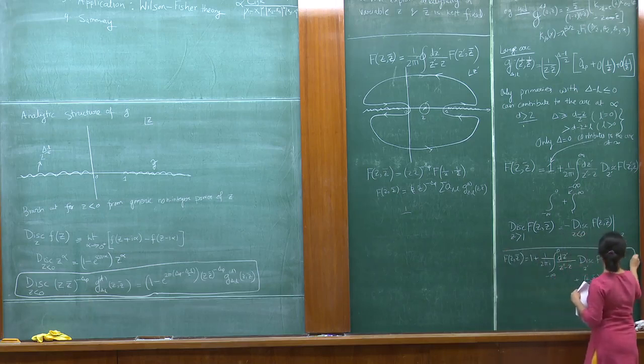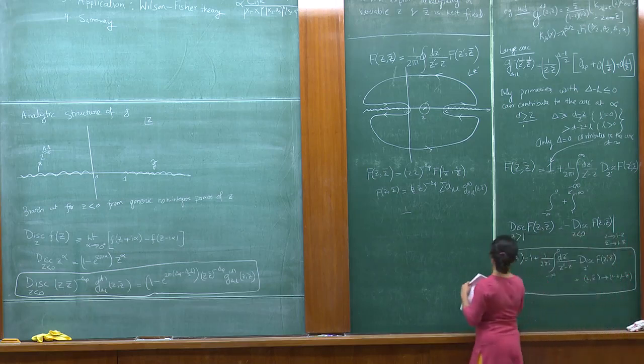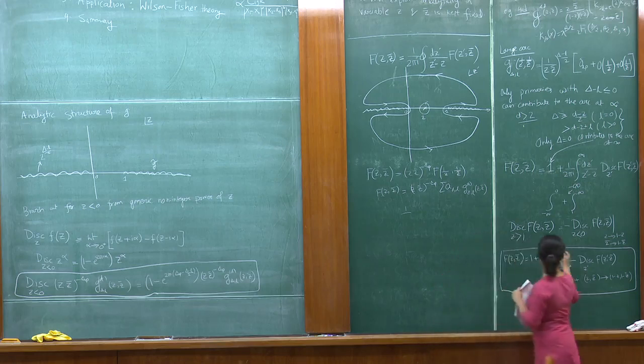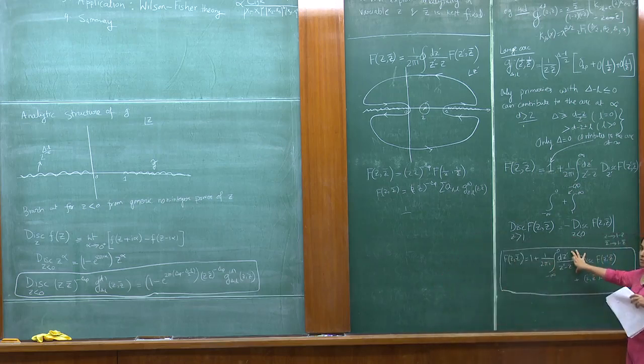So this is the dispersion relation, and we have to compute this part only to extract information about the correlator.